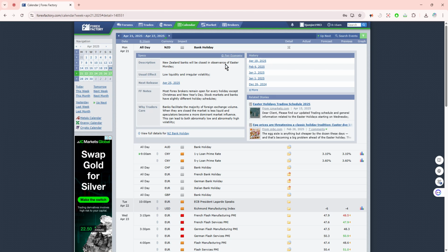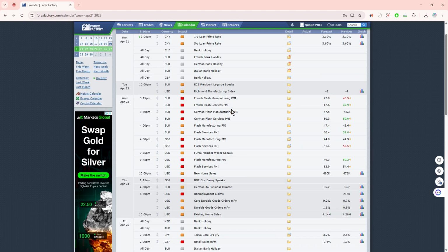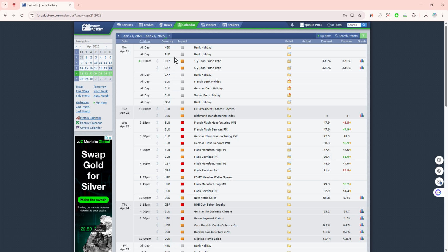So Easter Monday, and then for Tuesday, nothing much except for some speeches from the ECB. I would say that next week is relatively a quiet week, especially on Monday and Tuesday. Not much news, but of course, there could be movement as well. Also, if you traded last week, the volatility was not that much.